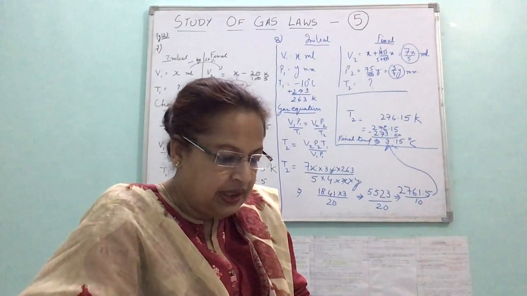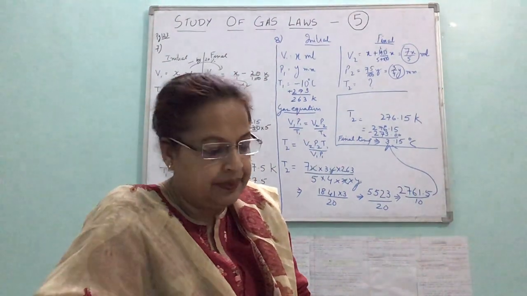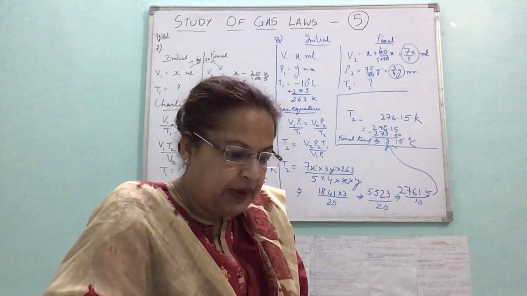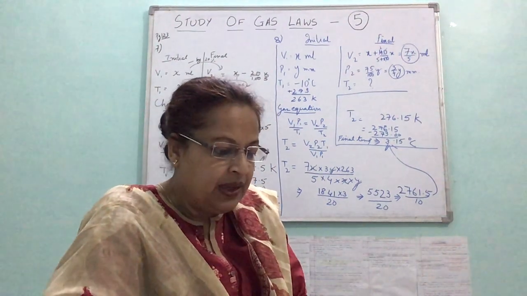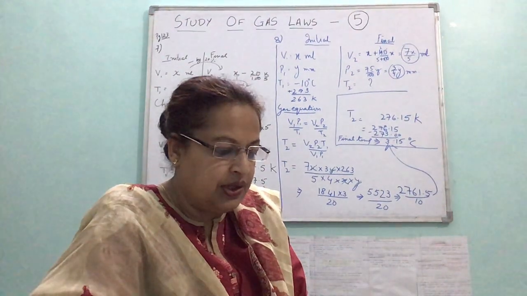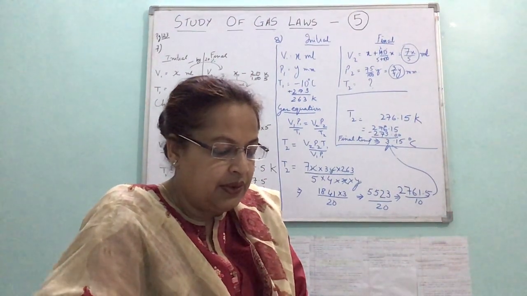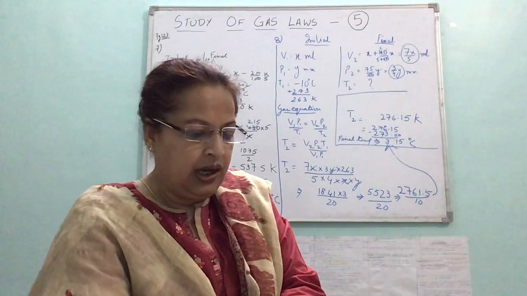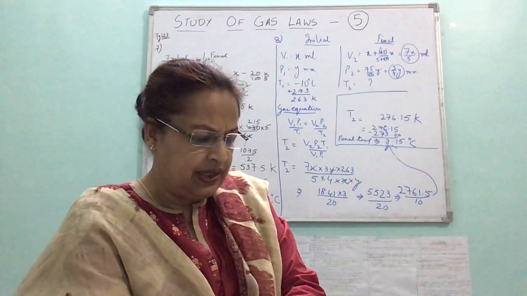Alright, now I am taking up, on the next page, page 124, the unit test paper, right? So it is question number 3, second question. I'll take up, these are very easy.